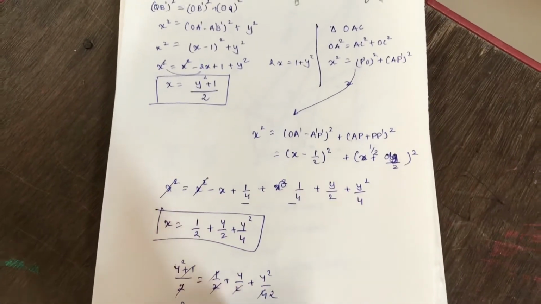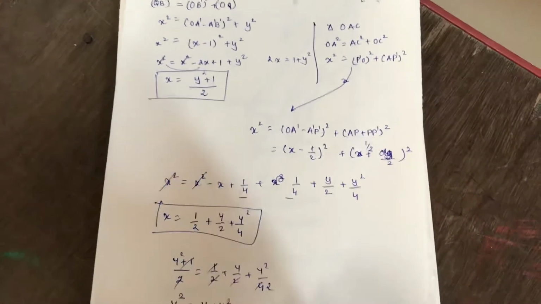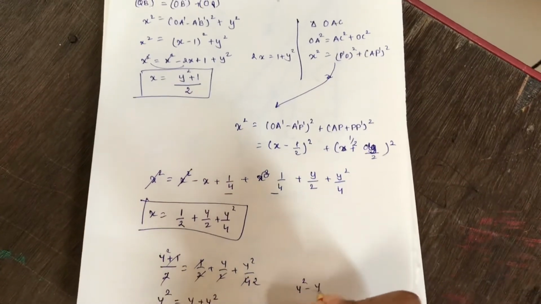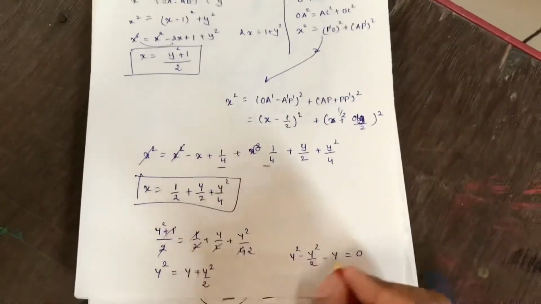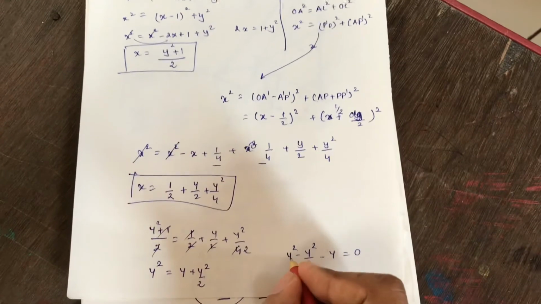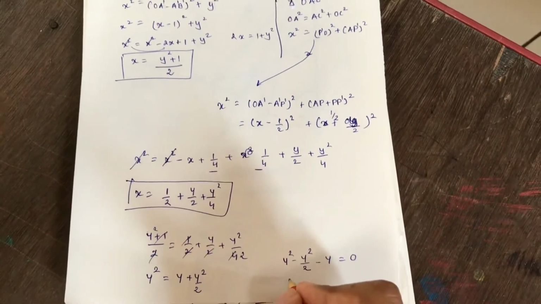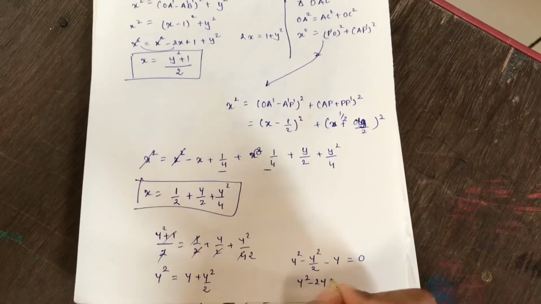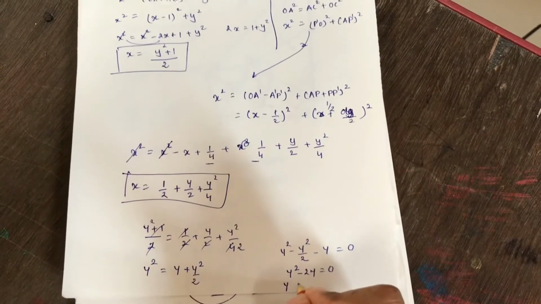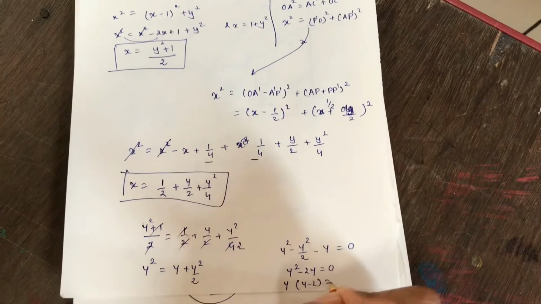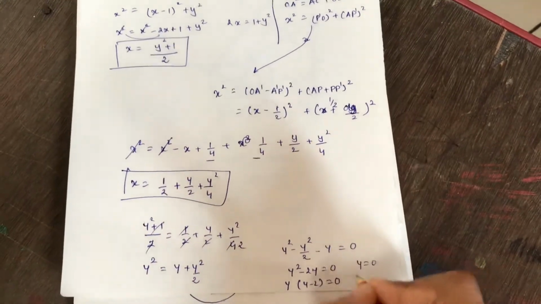When Y square by 2 comes over here, let us multiply with 2, so that is 2Y square minus Y square, it is Y square minus 2Y equal to 0. When you separate this, Y is common, so Y times (Y minus 2) equal to 0, then Y equal to 0 and Y equal to 2.